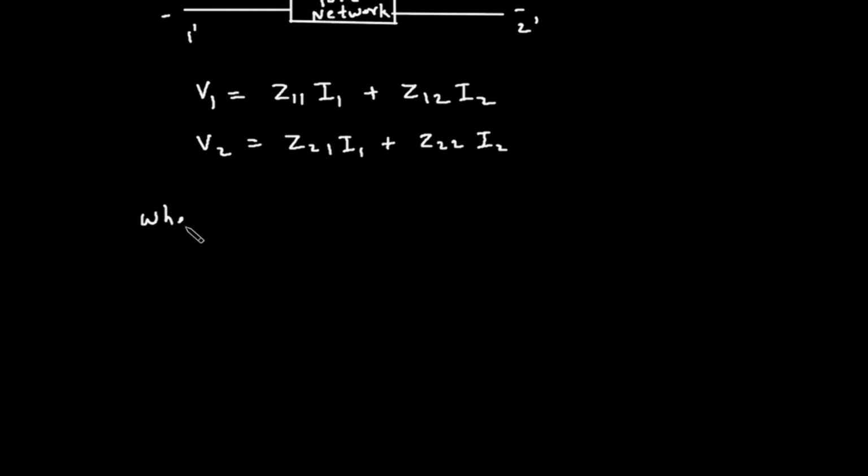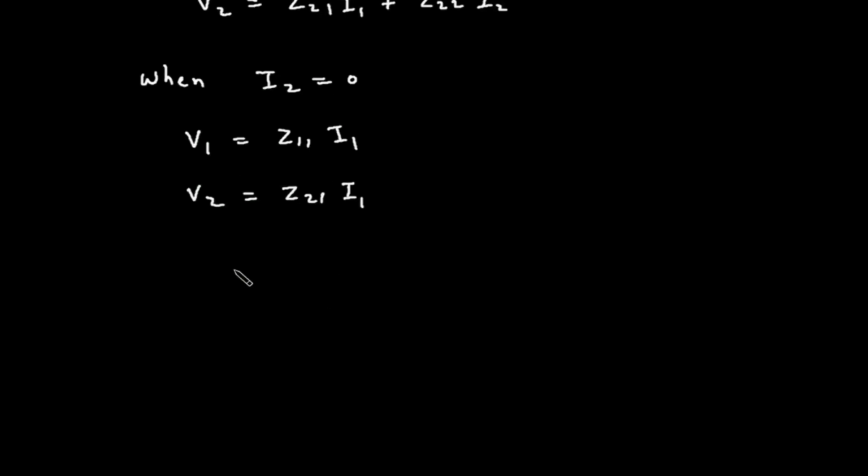So when I2 is equal to 0, at that time V1 is equal to Z11 I1 and V2 is equal to Z21 I1, and this term will be 0. So from here we can find the value of Z11.